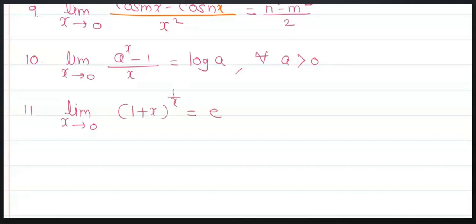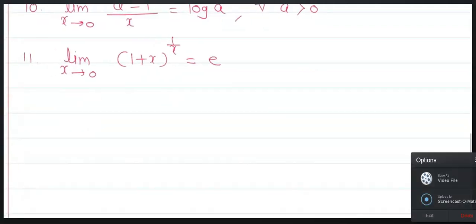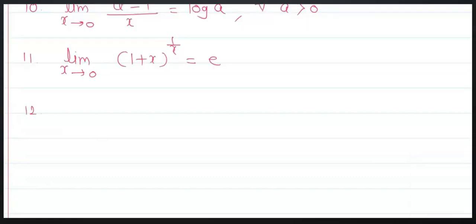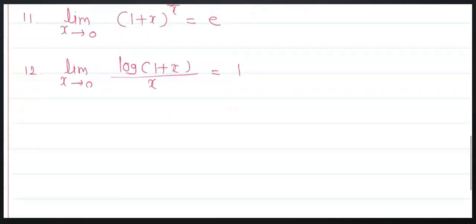Limit x tends to 0, (1 plus x) raised to 1 upon x is equal to e. Limit x tends to 0, log of (1 plus x) upon x is equal to 1.